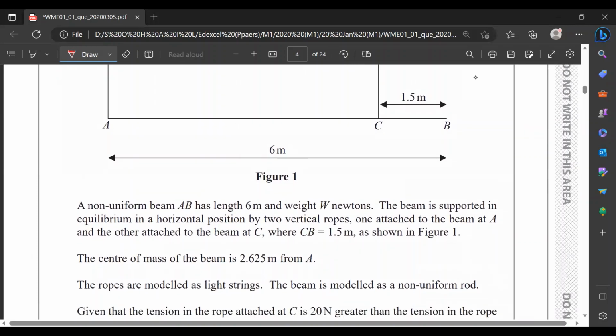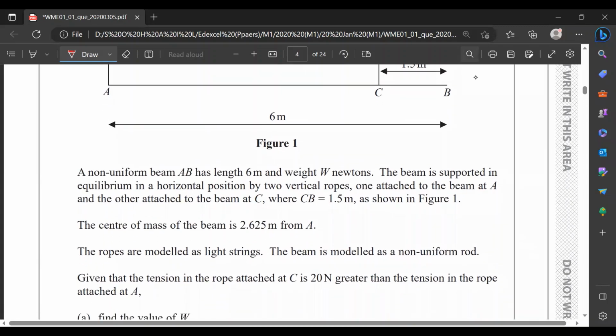A non-uniform beam AB has length 6 meters and weight W newtons. The beam is supported in equilibrium in the horizontal position by two vertical ropes, one attached to the beam at A and the other attached to the beam at C. CB length is given as 1.5, shown in the figure.